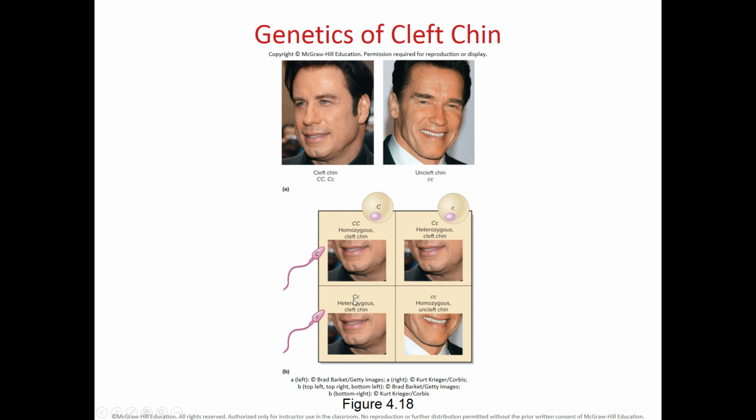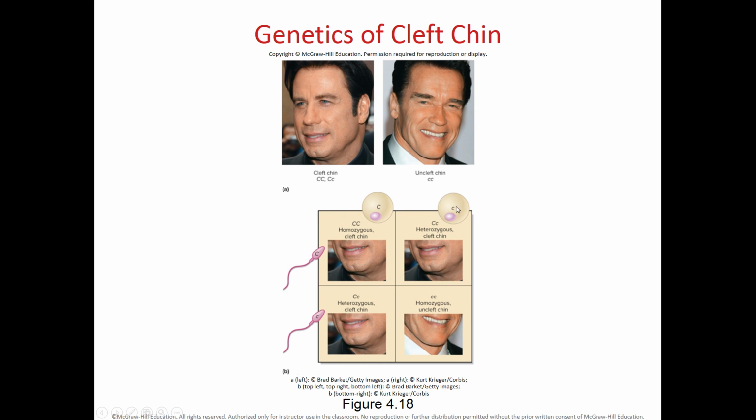So in here you have still, just like in this situation, big C, little c, and you have heterozygous cleft chin, but since the capital C is dominant for cleft chin, this progeny will have cleft chin.